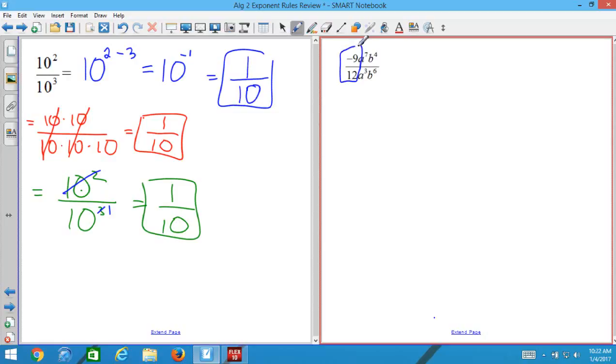What's negative 9 over 12 reduced to? Okay, so reduce it. And then my A's, I've got A to the 7 minus 3. My B's, I've got B to the 4 minus 6. And they automatically go on top when you do the subtraction. Always go on top.